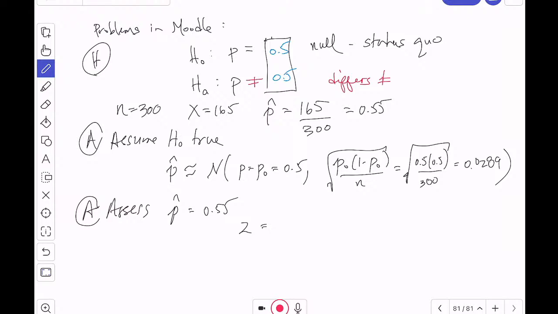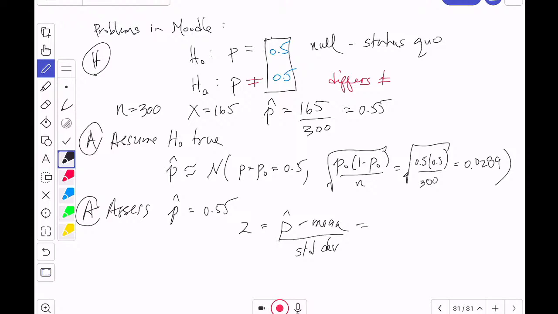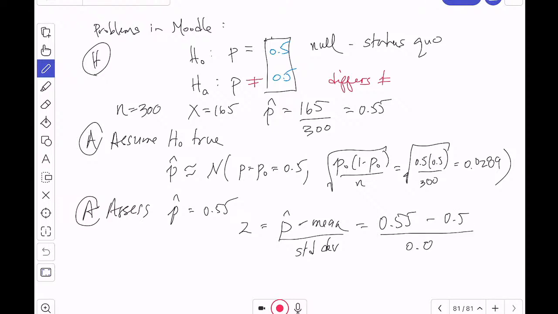By standardizing it, you take the sample result minus its mean, divided by the standard deviation, or we call it the standard deviation until we put an estimate in there, then it's called standard error, but it's often called standard error. They change the name on you. So it's always the sample result minus its hypothesized mean, divided by its standard error, and this is your z-stat. This is a statistic because it comes from the sample. So when you put that together, what do you get?